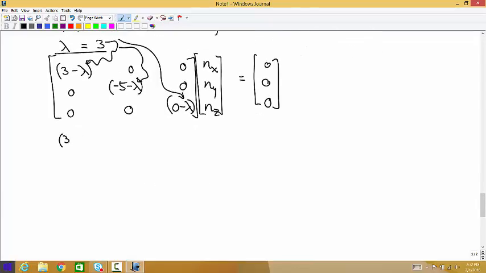So we have 3 minus 3, 0, 0, 0, negative 5 minus 3, 0, 0, 0, minus 3.